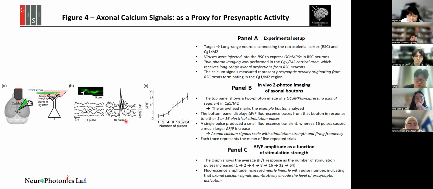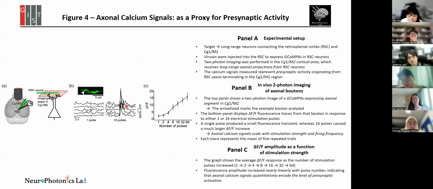And this indicates that axonal calcium signals scale with stimulation strength and firing frequency. And each trace represents the mean of the 5 repeat trials. And panel C shows the changes in fluorescence intensity according to the number of stimulation pulses.